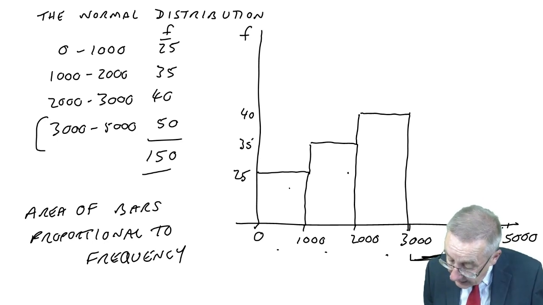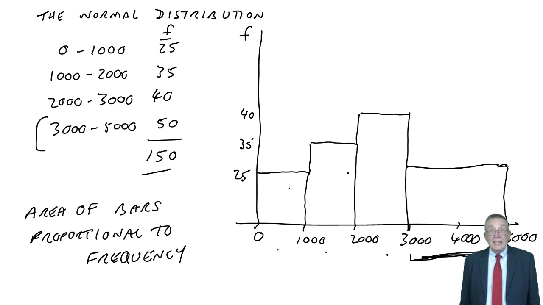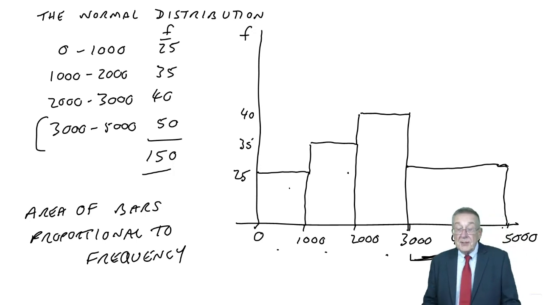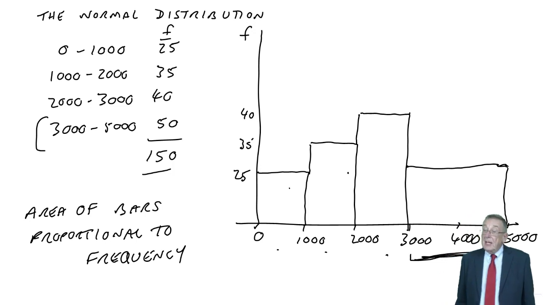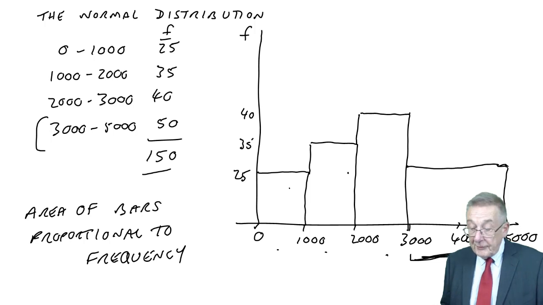So that last bar, instead of showing a height of 50, which you would have done if the range was only 1,000, because it's twice as big a range, we use half the height.